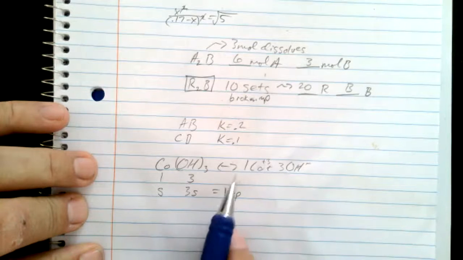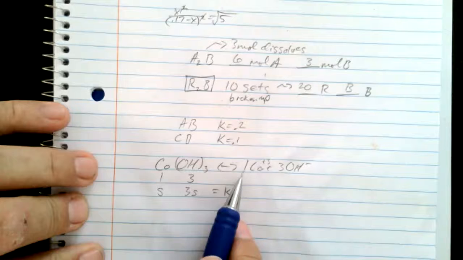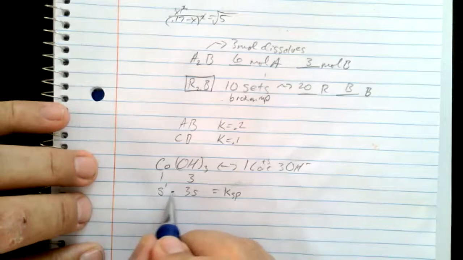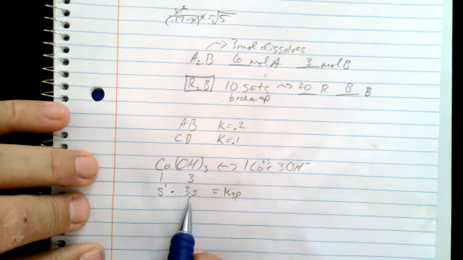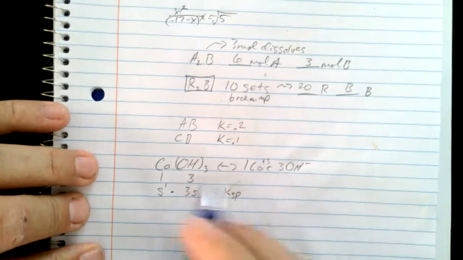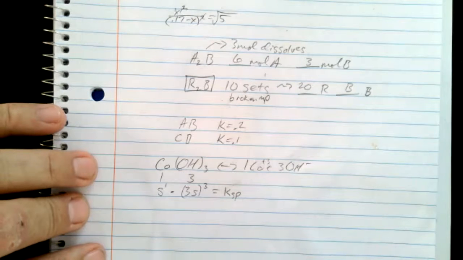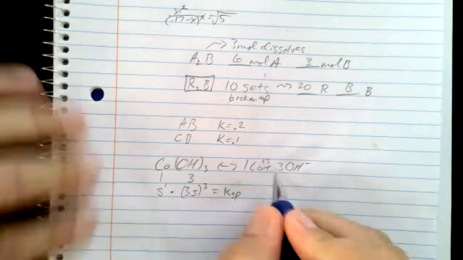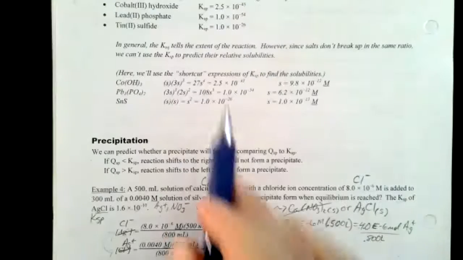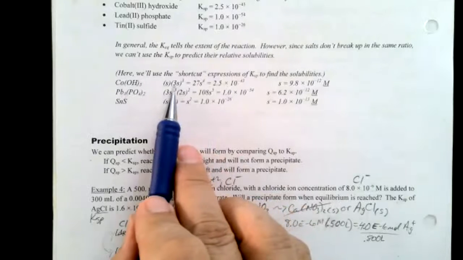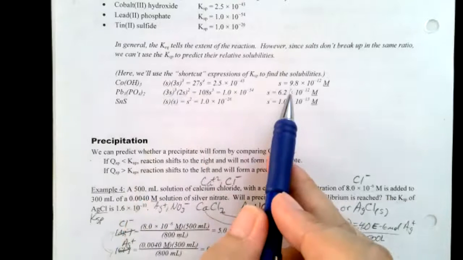But the concentrations are taken to the power of the number in front. So I will get S to the 1 times the concentration 3S, but then it is also taken to the third power. Okay, so that's how we arrived at that. And when we just solve for S, Chris is right.